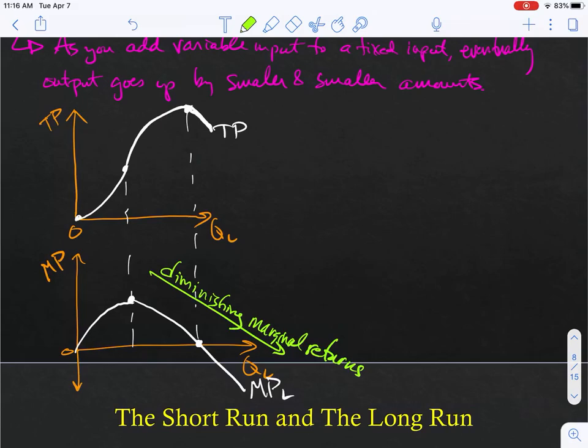Diminishing marginal returns, because as you add more labor, the marginal return on that gets smaller. So diminishing marginal returns kicks in, right, at this point right here. And it happens here as well. Right, this is all diminishing returns to an input, or diminishing marginal returns. I should be consistent.